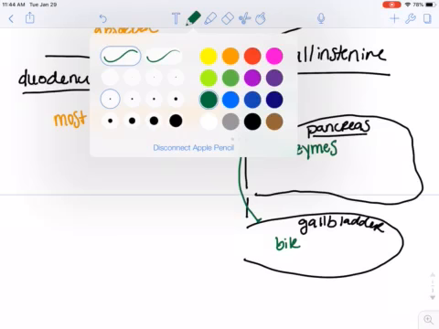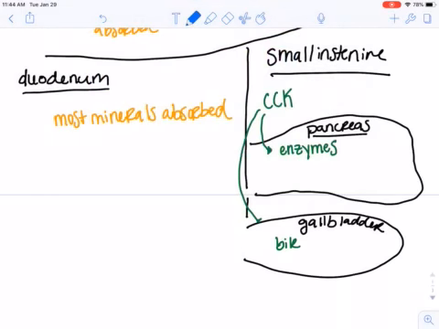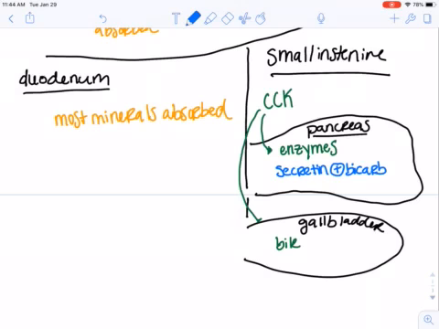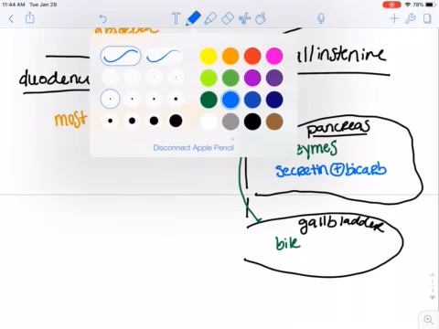We have another hormone that occurs, so I'm just going to change the color to maybe blue here, that is going to stimulate the pancreas. So secretin is another hormone that is going to release bicarb, or bicarbonate, from the pancreas to neutralize that chyme.